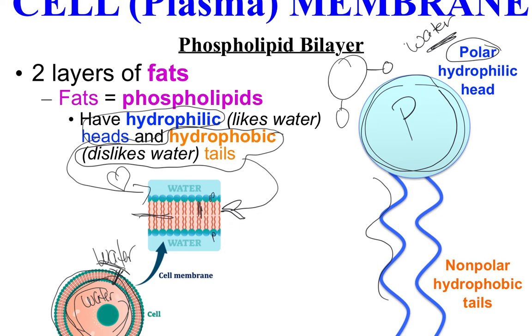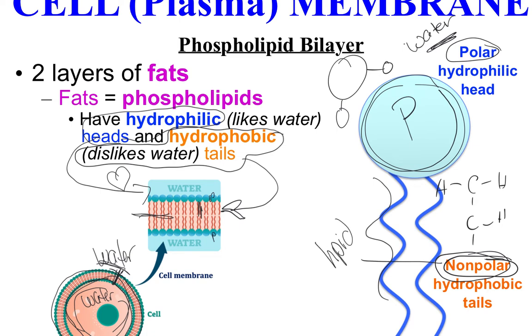The tails are these hydrocarbons. They're just carbons attached to hydrogens. These guys are nonpolar, so they don't like to interact with water at all. They interact with other nonpolar things. An example of something you might know that's nonpolar is lipids.